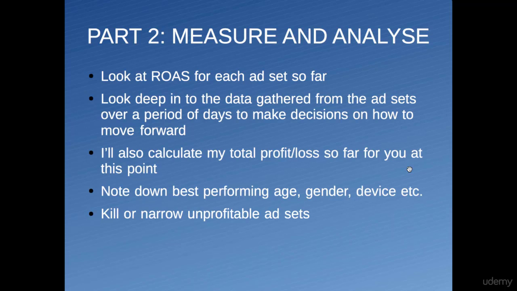I'll also calculate my total profit or loss. Profit or loss, we may be making a loss at this point. So you can see just how successful or unsuccessful we are at that point. And then we'll go ahead and kill any unprofitable ad sets, and we'll narrow or scale any profitable ad sets.